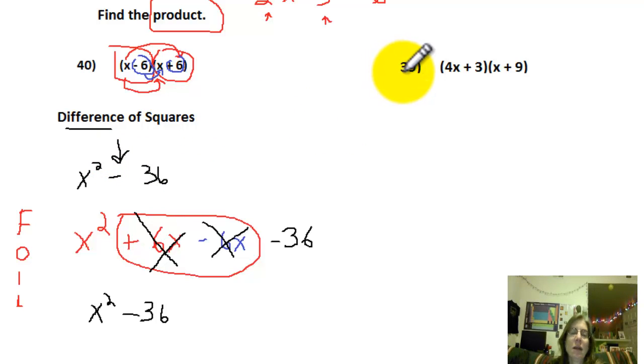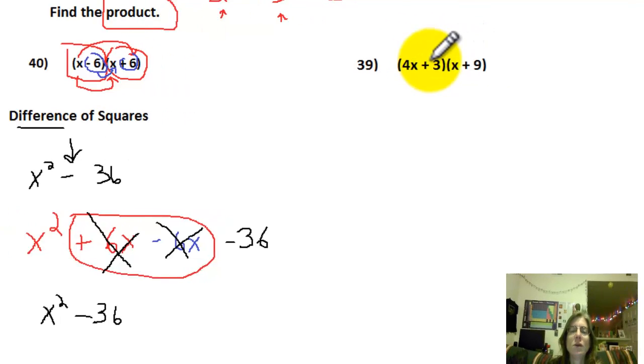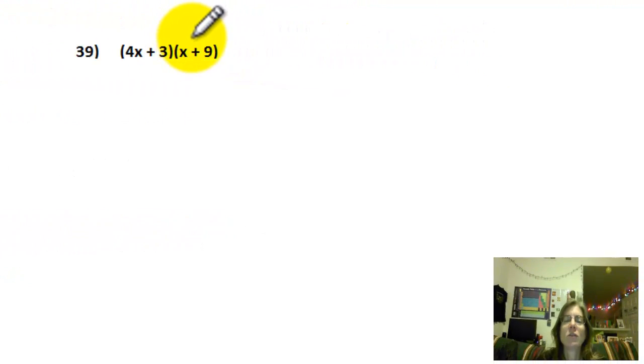Okay, now let's look over here. The two factors in this situation are 4x plus 3, and the other factor is x plus 9, and these are multiplied. And again, we're going to use FOIL. So we'll start with the first two terms.